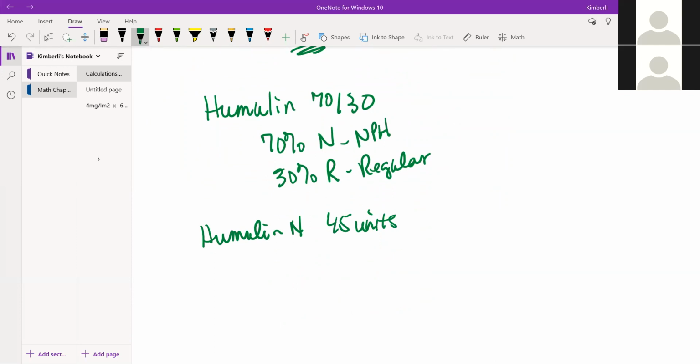Under the skin? Under the skin, good. So that's why the needle is so tiny and small, because we want it to go into the layer under the skin, into the cutaneous layer. And so insulin is always sub-Q.